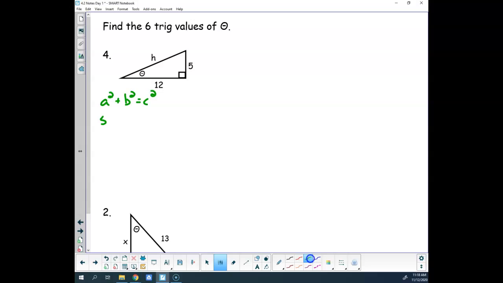So in this case, it would be 5 squared plus 12 squared equals c squared. That's 25, 144, that's 169, so that's 13. And I only have to go with the principal one here because the side length of a triangle can't be negative.